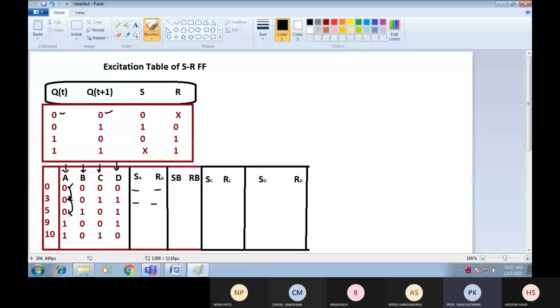Present state is 0, next state is 1. It will give one sequence of SR flip-flop. I am just clearing the concept of what we are going to do in the next 5 minutes. So present state is 1, next state is 1. That will give us the next sequence of SR flip-flop.